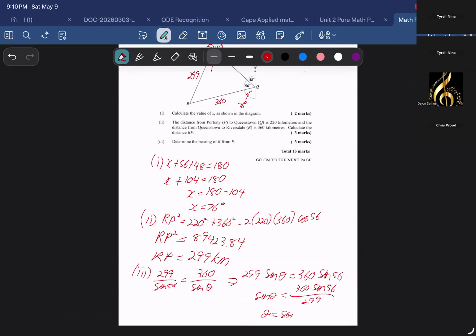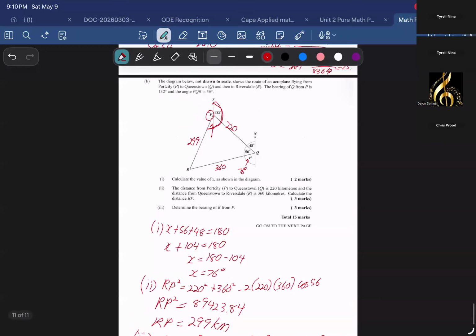So theta is sine inverse of 360 sine 56 over 299, which is 86.54.